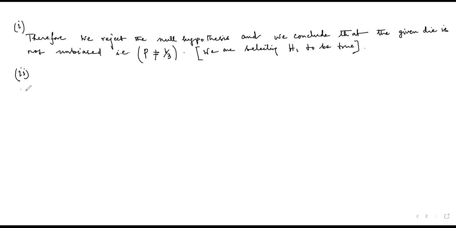Question number 2 is that we were supposed to find the limits between which the probability of 3 or 4 lies.